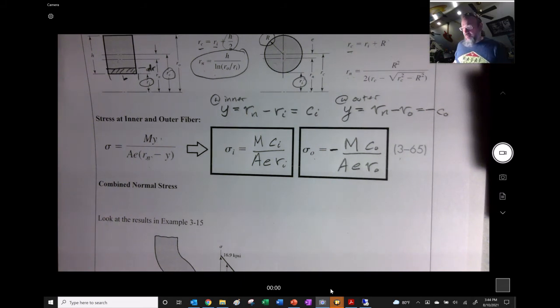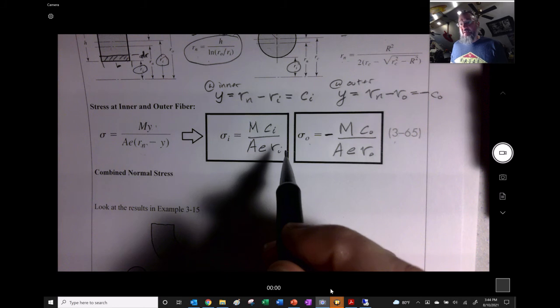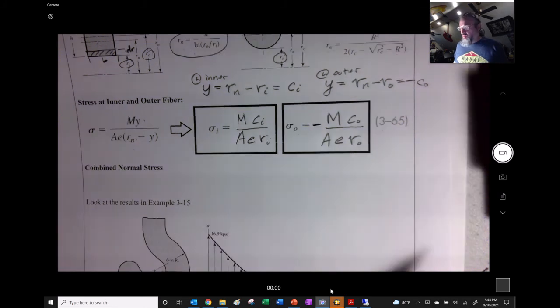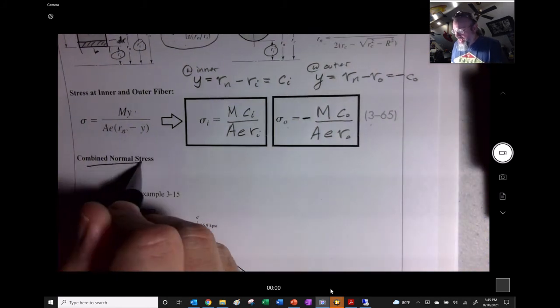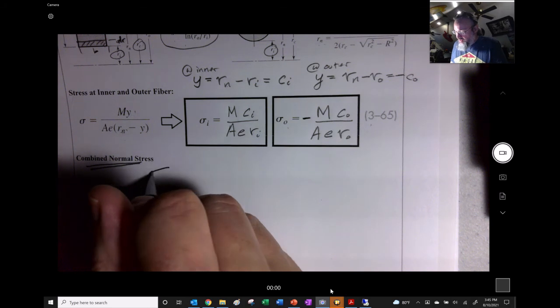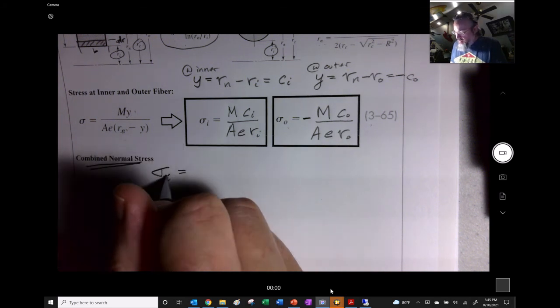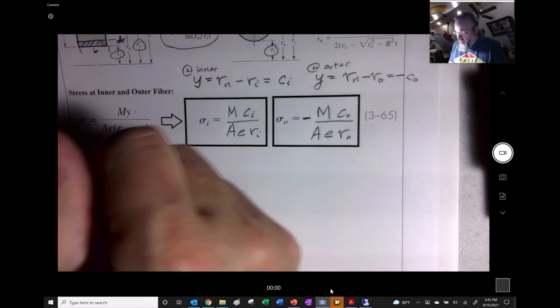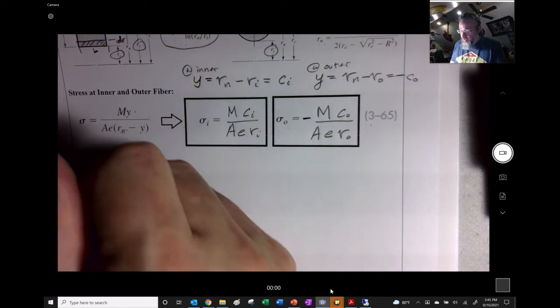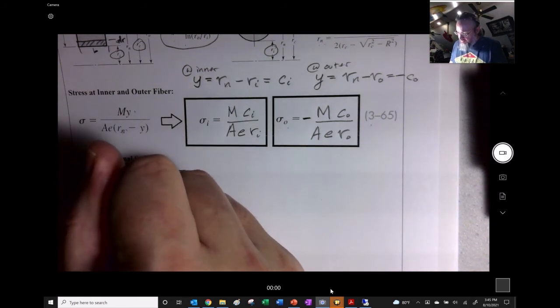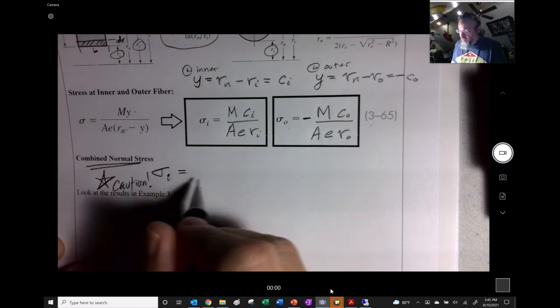But remember, these are only for the bending stress, right? So these only came to the bending stress. So the combined stress that we'll often do, we have to be careful to use these. So make sure we'll put a star next to it and say, caution. Don't just write these down.